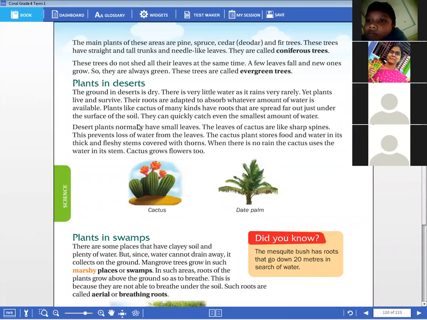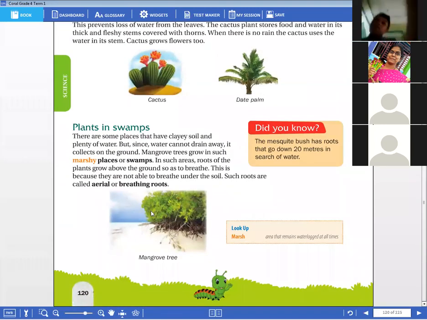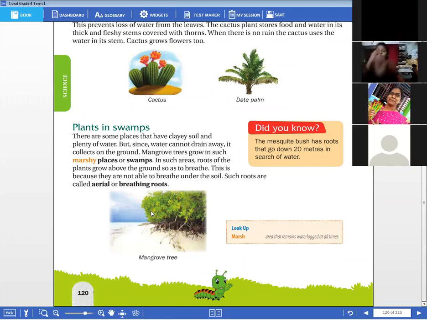Okay, this is about the plants which grow in deserts. And coming to plants in swamps. A swamp is nothing but, children, an area which has stagnant water. We can see the water is always present due to the low-lying area. If it is an upper area, the water will be drained off.